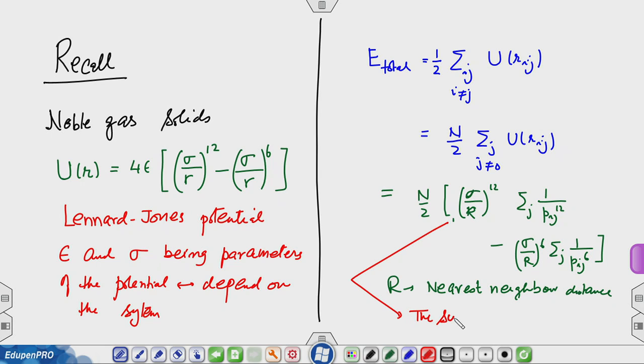The sums are calculated once and for all, and then you can calculate the energy. This was noble gas atoms.